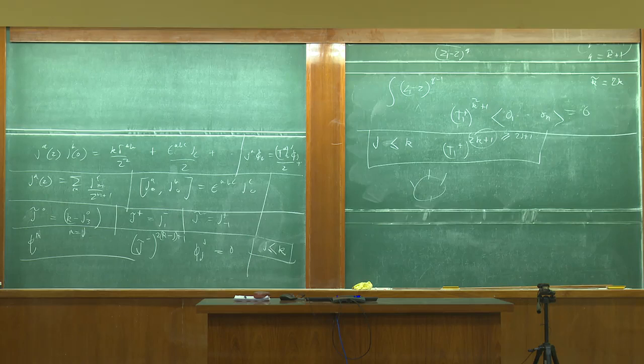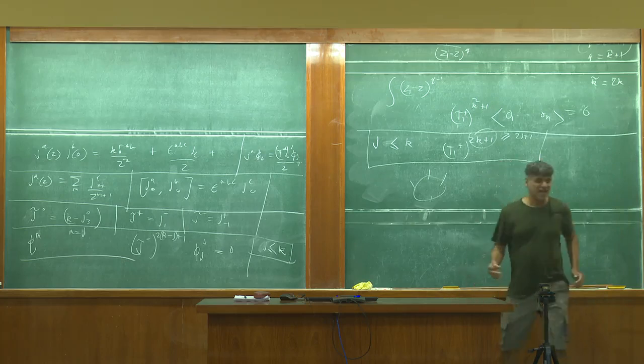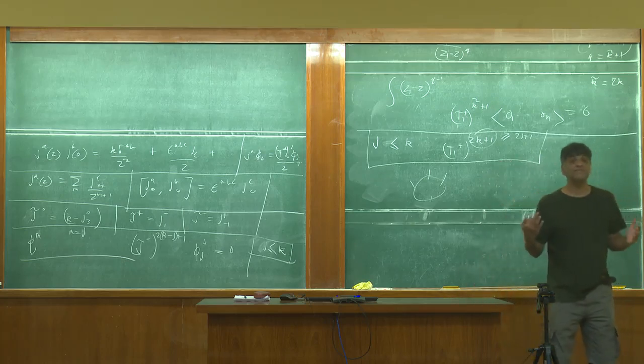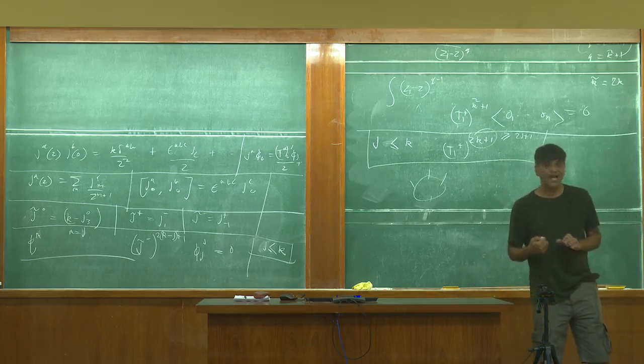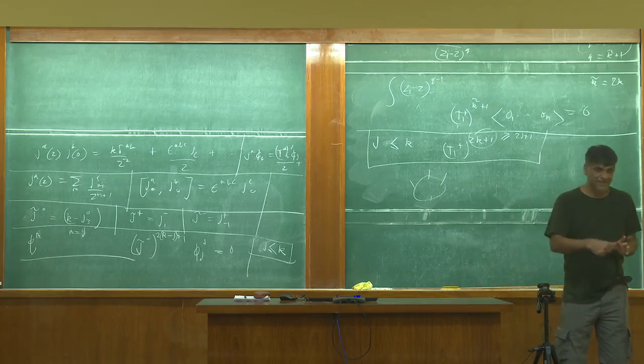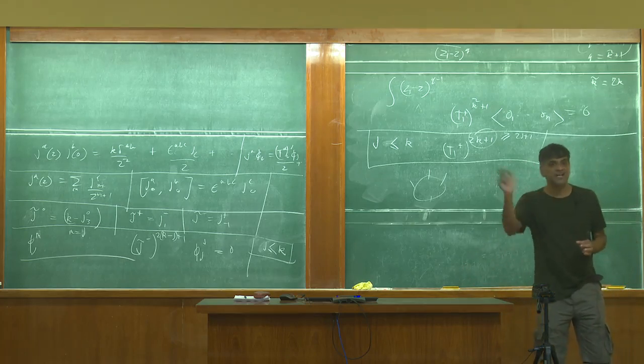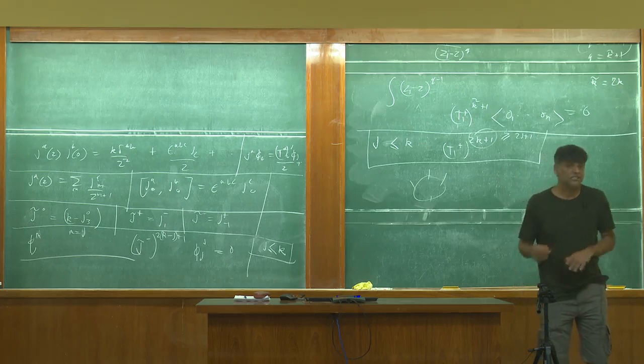And this suggests something very interesting for Chern-Simons theory: if you put a Wilson line in any representation with j larger than k, you just get 0 in the correlators.